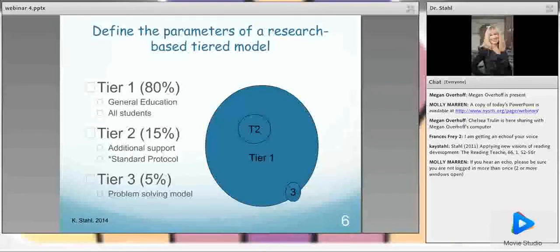Tier 2 and Tier 3 will be needed to meet the needs of the approximately 20% of our school population.